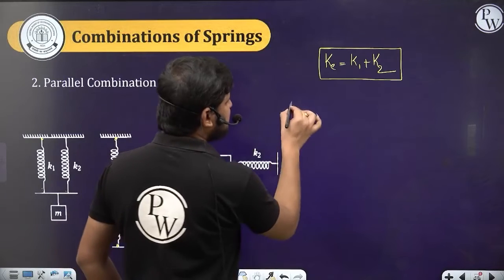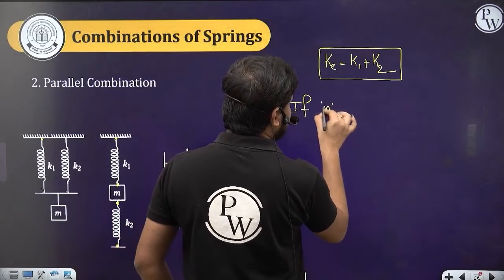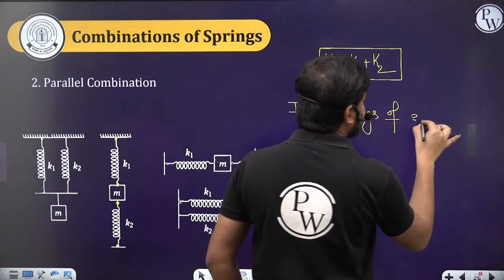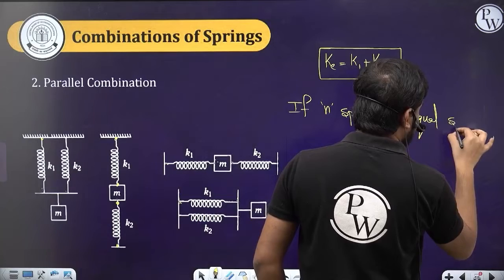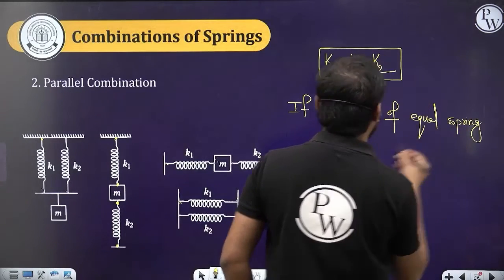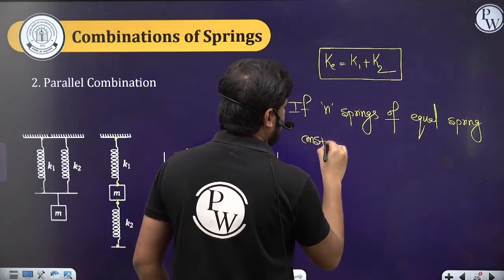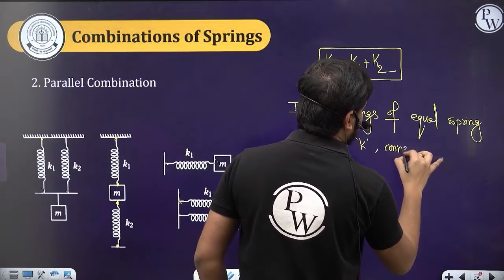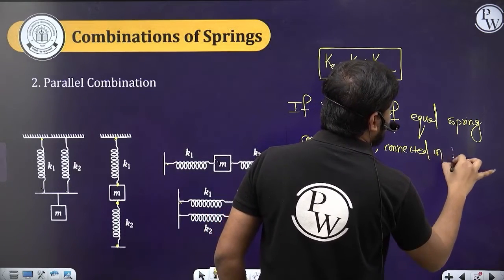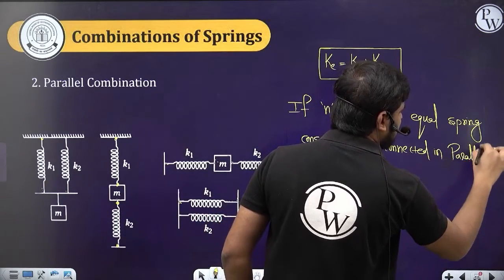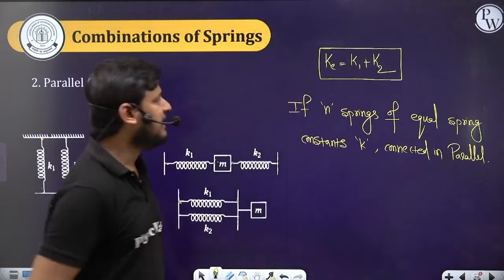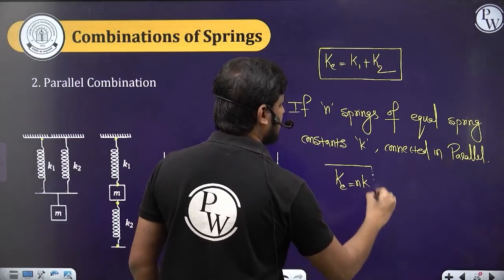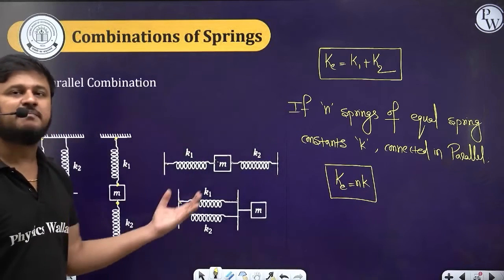If n springs of equal spring constants K are connected in parallel combination, then the K equivalent will become n times K. That's it. Hope you understood what a series and parallel combination is now.